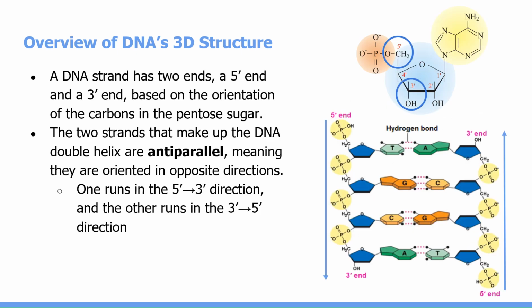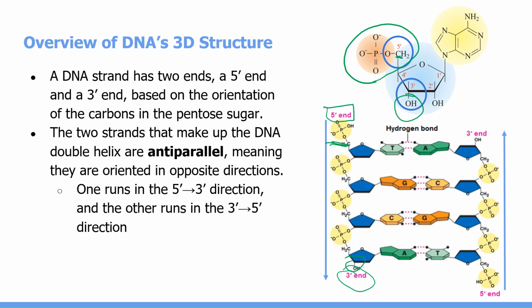So as previously mentioned, the DNA strand has two ends, one that's considered to be the 5 prime, that carbon there attached to a phosphate group, and then this carbon here attached to that OH group. Okay, and so we have that direction. So we know it's a 5 prime end because of this phosphate, and we know this is a 3 prime end because of the hydroxyl group.